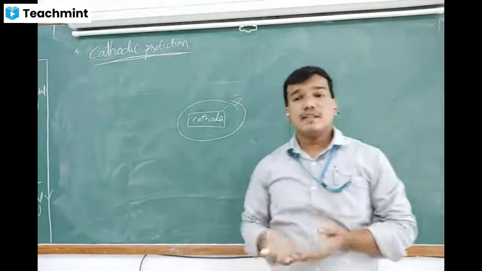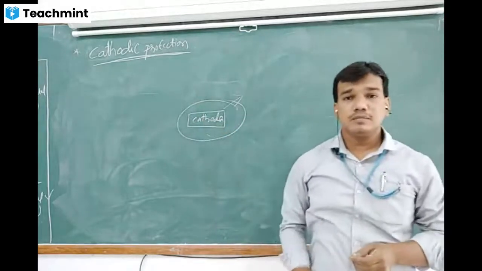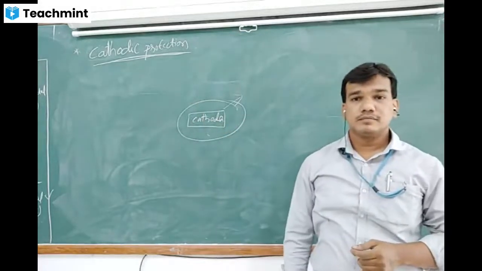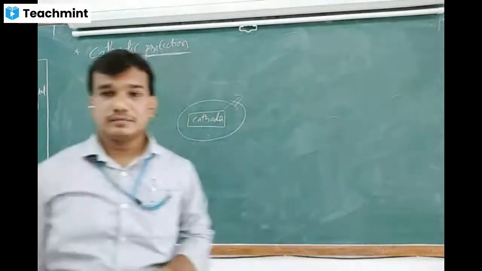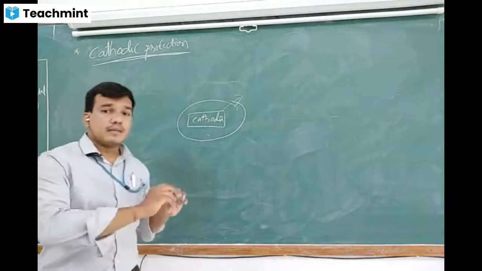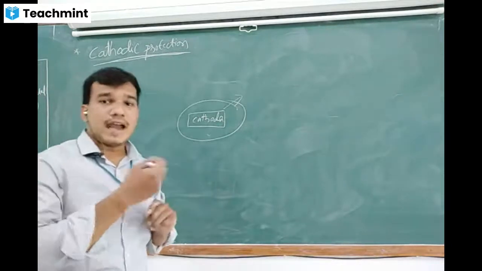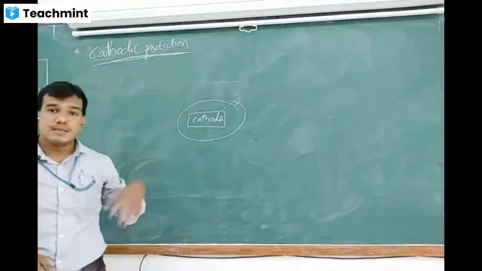So what are the methods? How can we make this metal a cathode? Anyone have the idea? What is the concept? When the metal will act as anode, when the metal will act as cathode, what is the property?